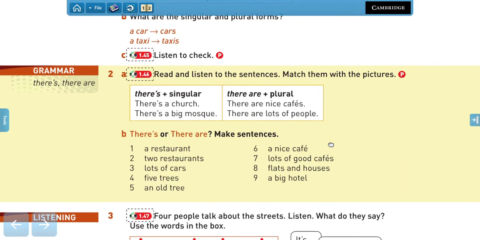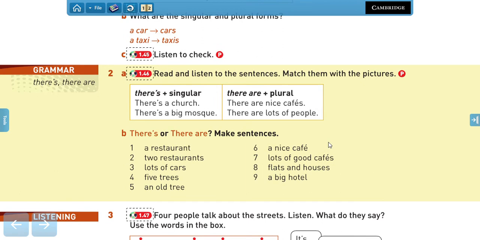Okay, so here we have a very important grammar feature that we use to describe what things are or aren't in a place or town, right? We use it to talk about places, yes? And the location of some places. So, here we have some sentences. We use there is with singulars and we use there are with plurals.